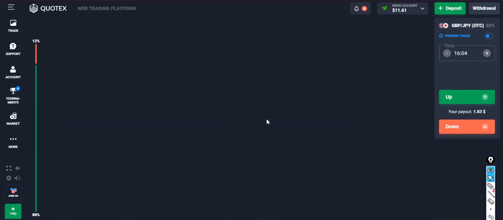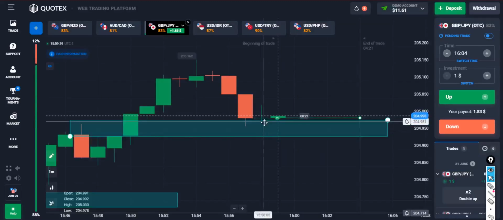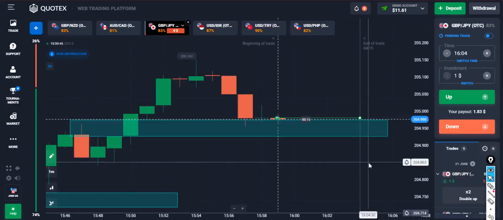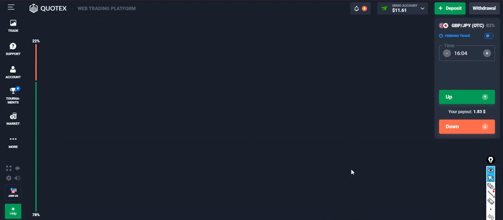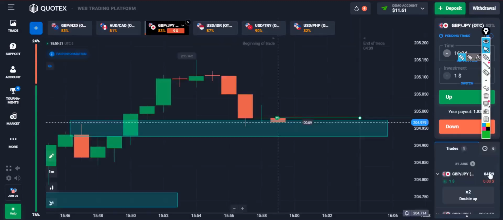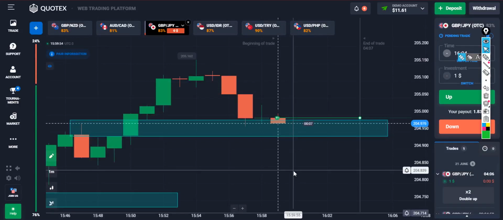But it has made a small body. I forgot that there's a name for this sort of candle. So if you know what this type of candle is called, do let me know. So let's wait. We have 4 more candles.